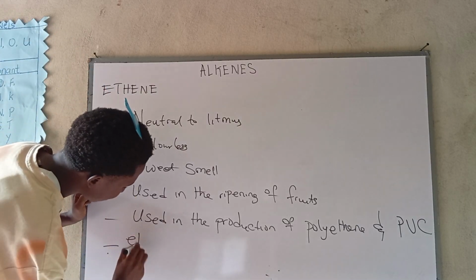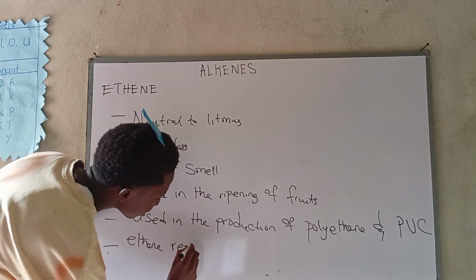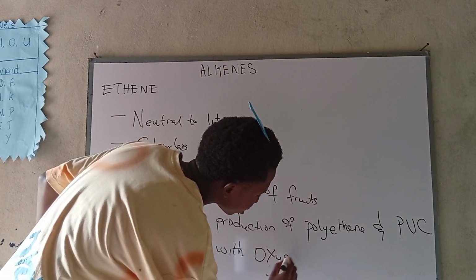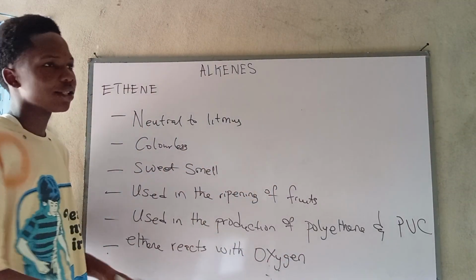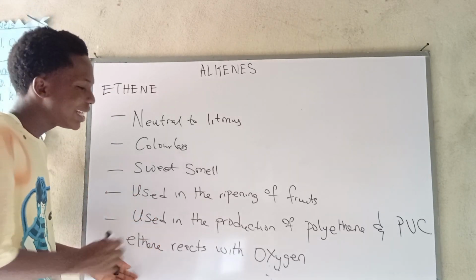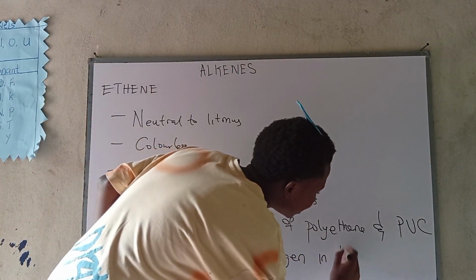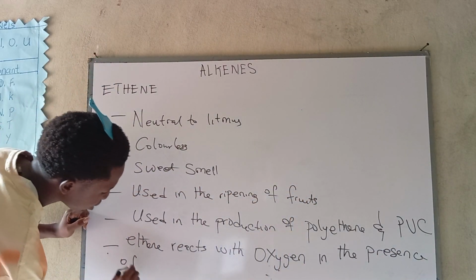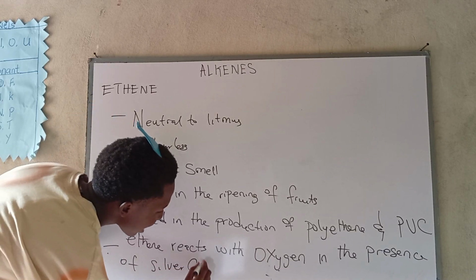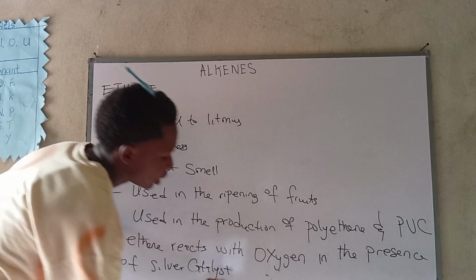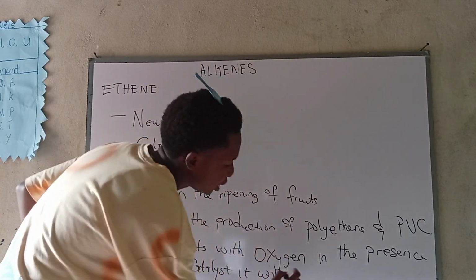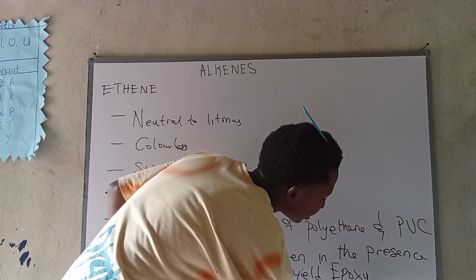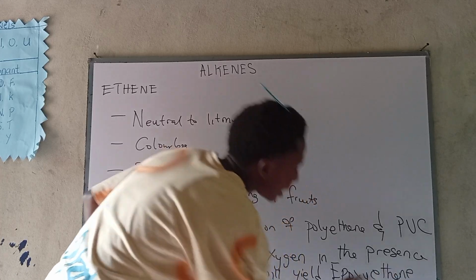When ethene reacts with oxygen normally, it's not going to give you epoxyethene. But if it reacts with oxygen in the presence of a silver catalyst, it will yield epoxyethene. Take note of that, epoxyethene.